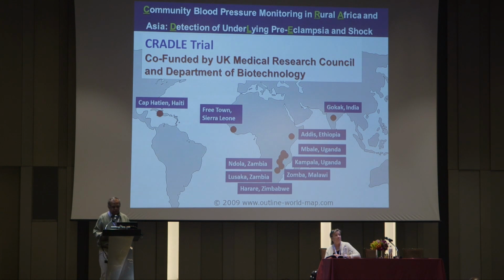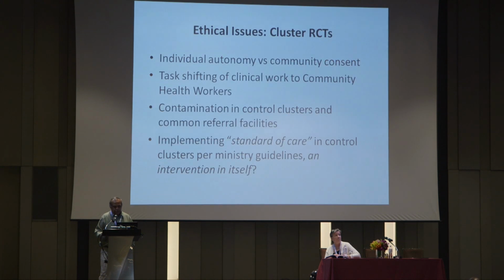Some of the sites have more than one hospital, so basically the unit of randomization is a hospital, so each hospital gets randomized at 3-month intervals to the intervention. And of course, till it gets randomized to the intervention, the data collected serves as the baseline for those clusters.